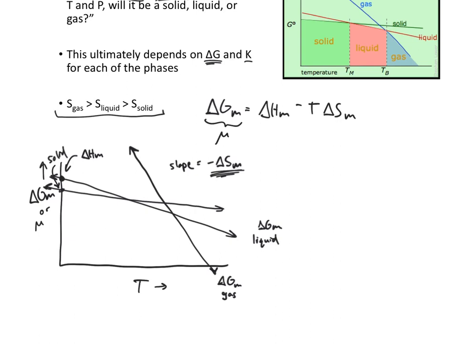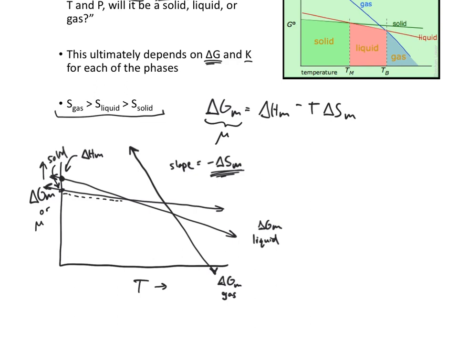So, which phase is the system going to be in at a given temperature? Hopefully you recognize that the system is going to choose whichever phase has the lowest Gibbs free energy. So that means for this region right here, the system is going to choose this lowest Gibbs free energy, which is the solid phase.